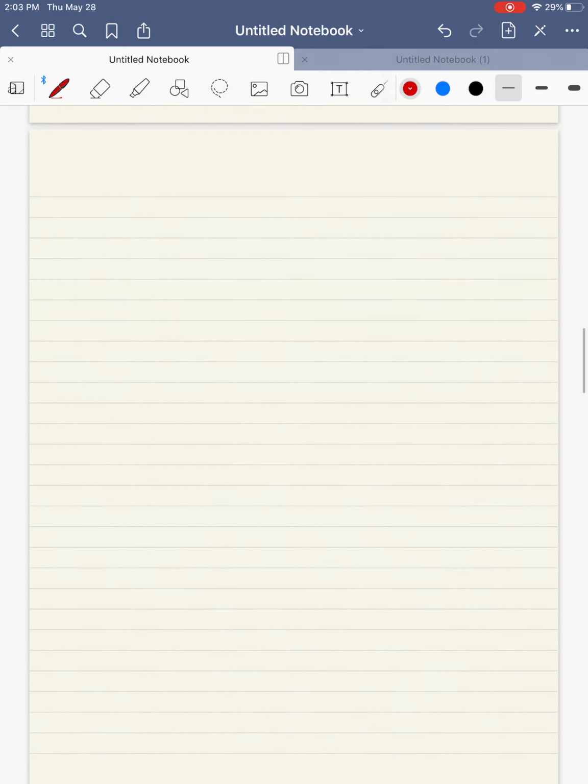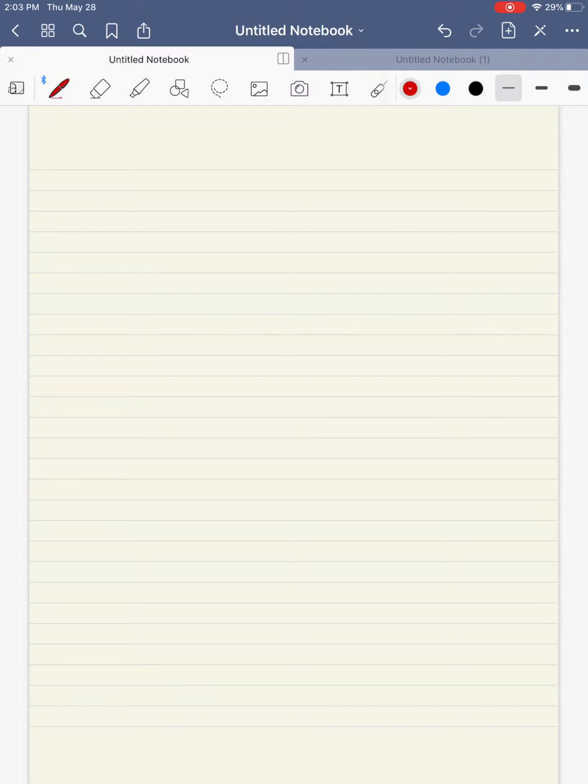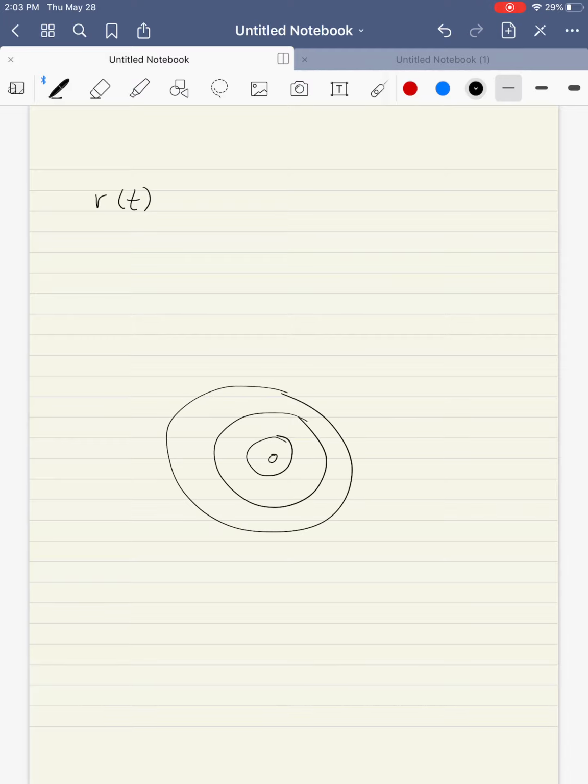Let's look at a real-life example of where composition of functions would be useful. Let's say that there was an oil spill off of a ship in the ocean, and that it is known that the radius of that oil slick, of that circle, so we have the oil slick here, and it's getting bigger and bigger as time goes by.